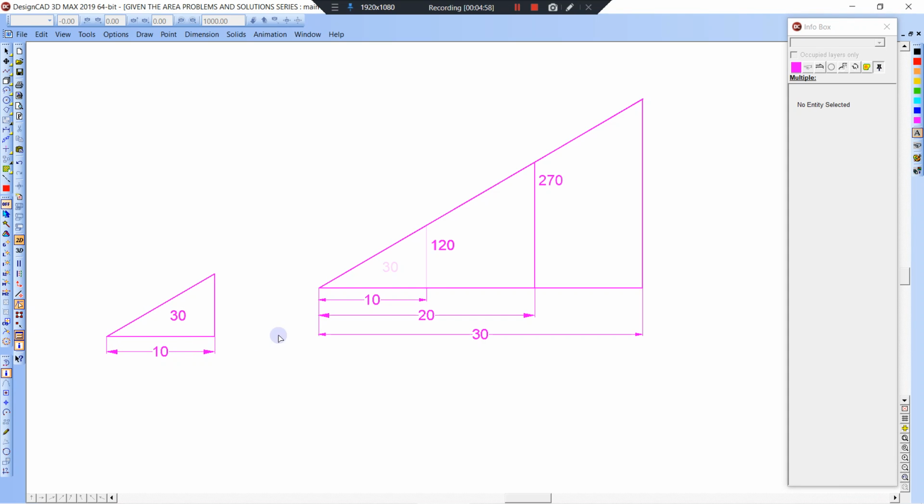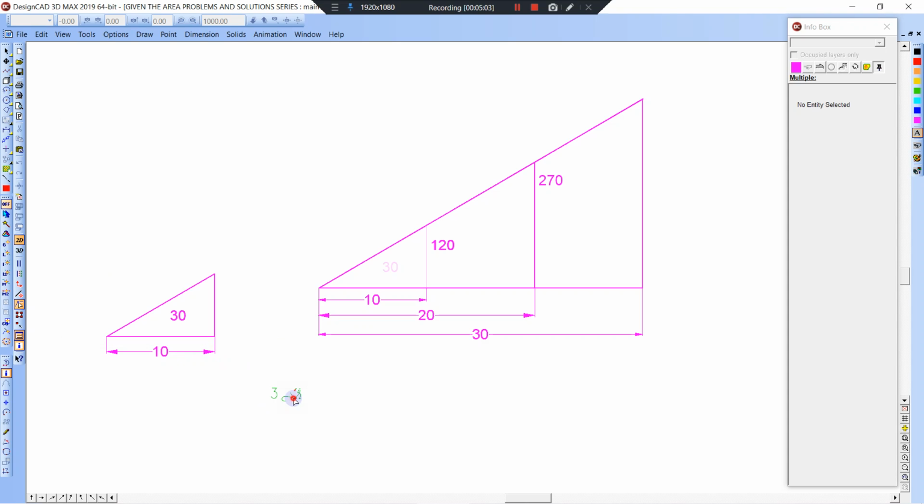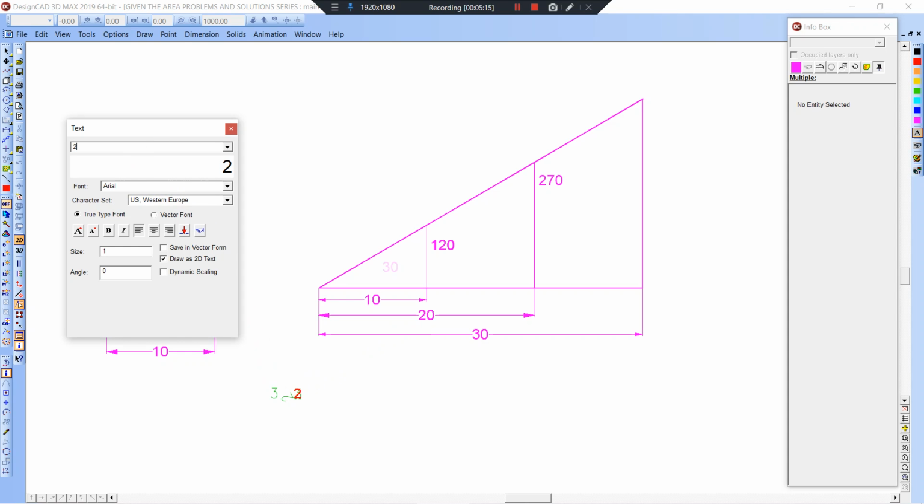If this is 10 and that's 20, the multiplier is 2. So we multiply 10 times 2, and we get 20. If you can see, 2 times 10 equals 20.